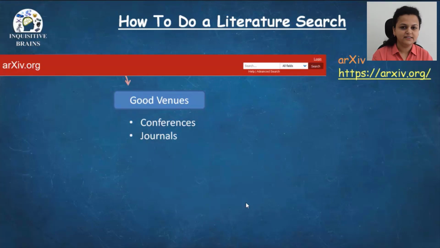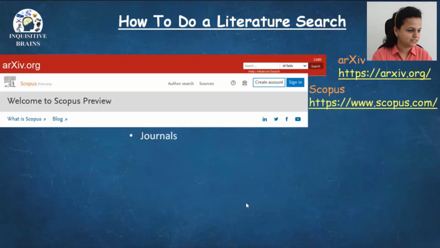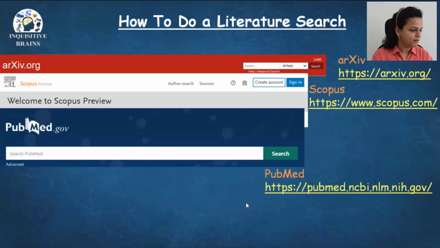There is also another database called Scopus. Scopus is a database of articles covering multiple disciplines like life science, social science, and health science. PubMed is another search engine for articles in the discipline of biomedical and life science.